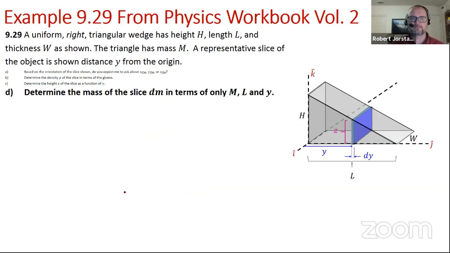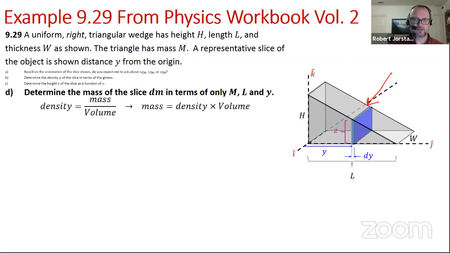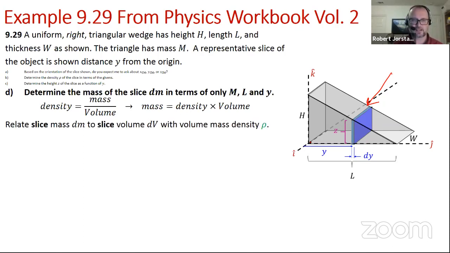Now if I need to get the mass of the slice, again, I see this slice right here. I want to get the mass of that rectangular chunk. If I want to do that, how am I going to do that? I know the density equation will relate mass and volume. It's pretty easy to get the volume of a rectangle, so I could do that with slice mass is density times slice volume.